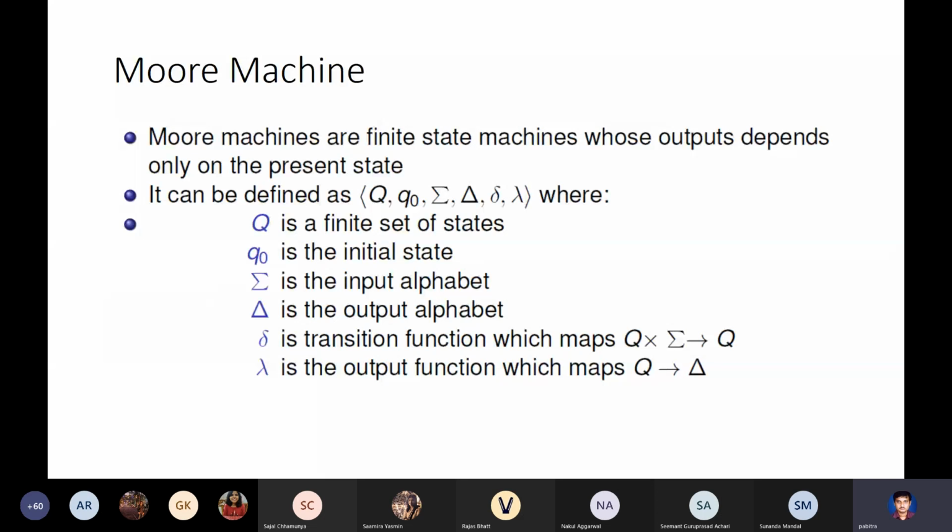The input sigma is not there. Whereas in a Mealy machine, the output function lambda is from Q cross sigma to delta. That's the only difference.